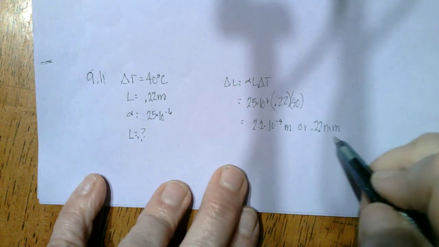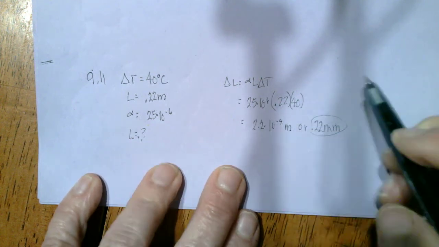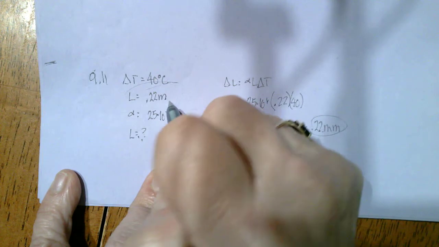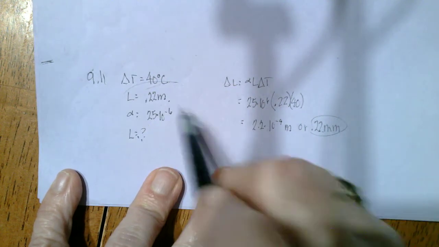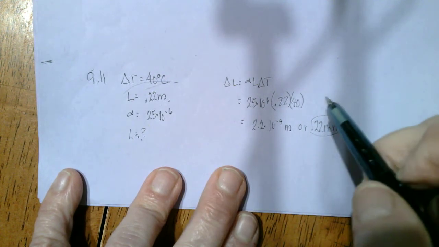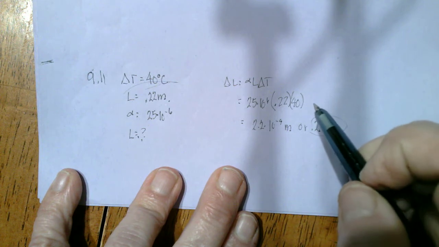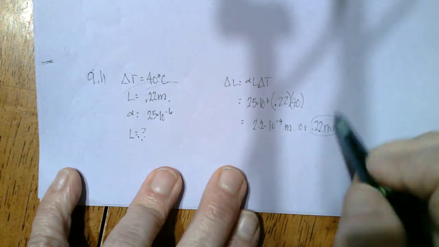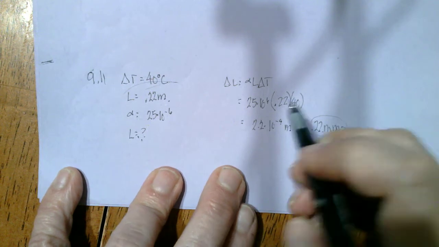Okay, so notice that this is 0.22 millimeters. It is not the same as what I started with. This is in meters, so it did in fact change. So it's going to increase its circumference by the increase in the diameter.